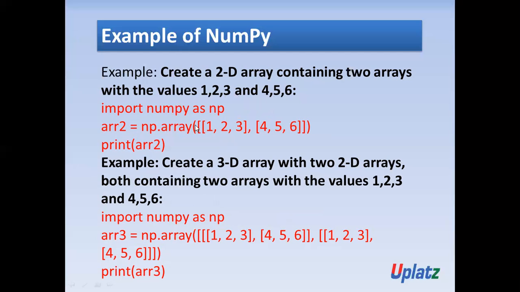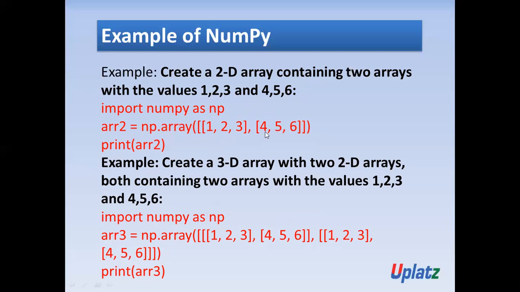So write like this inside the parentheses: opening of two square brackets, then 1, 2, 3, close the first square bracket, then start with another square bracket, 4, 5, 6, close it, and then finally close the outer one.